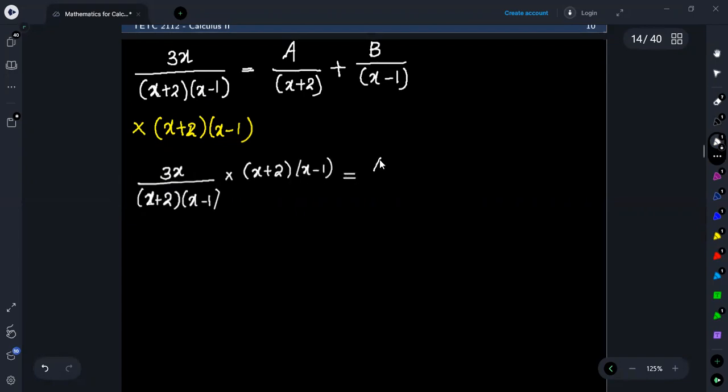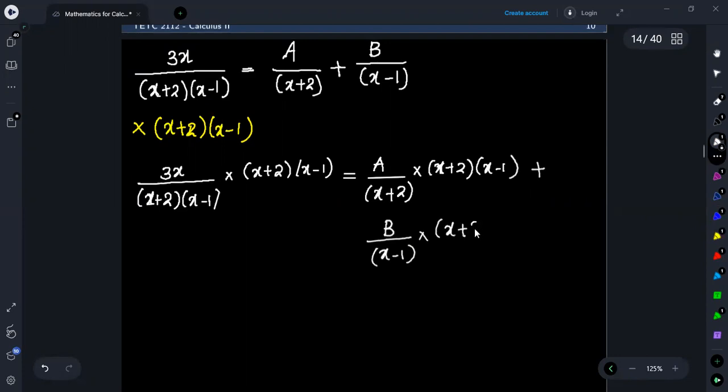This equals A over x plus 2, multiplied by (x plus 2)(x minus 1), plus B over x minus 1, and we multiply this also by this polynomial.